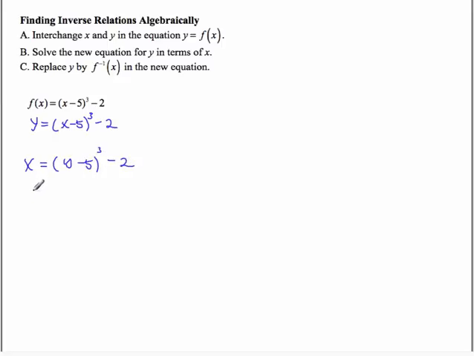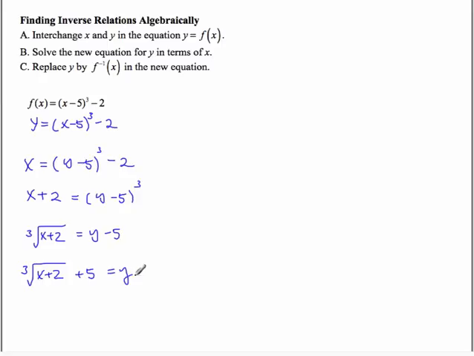So add 2 to both sides, take the cube root of both sides, and then add 5. Then the last step is replacing this y with f inverse of x. f inverse of x would be the cube root of (x plus 2), plus 5.